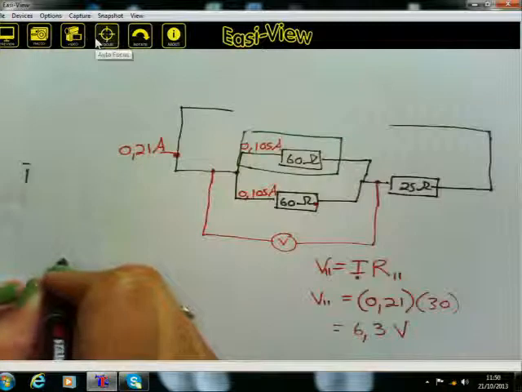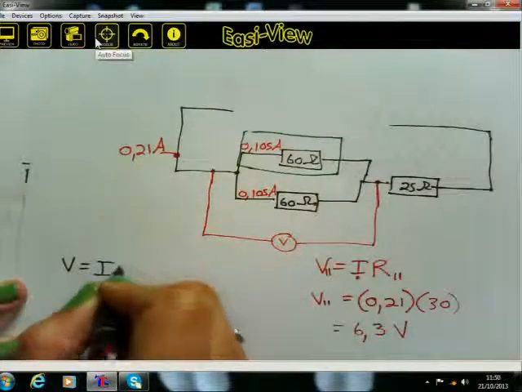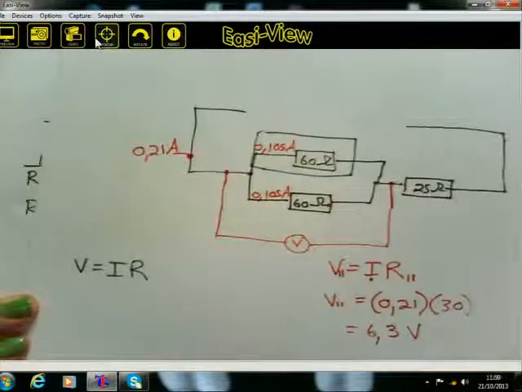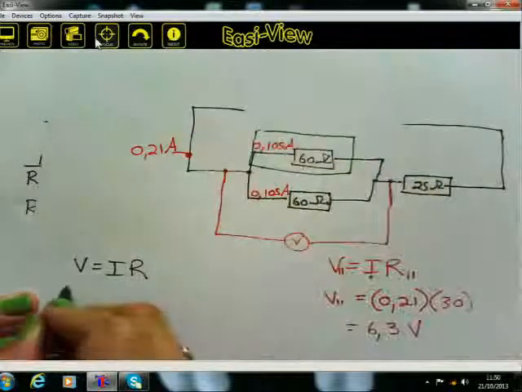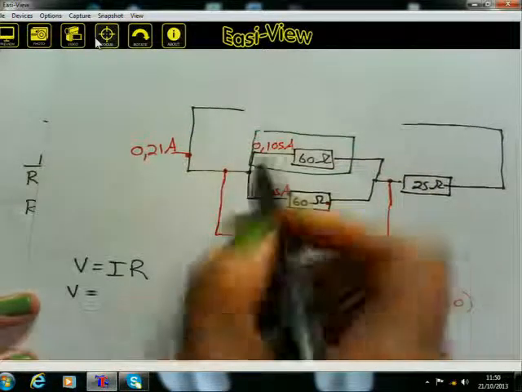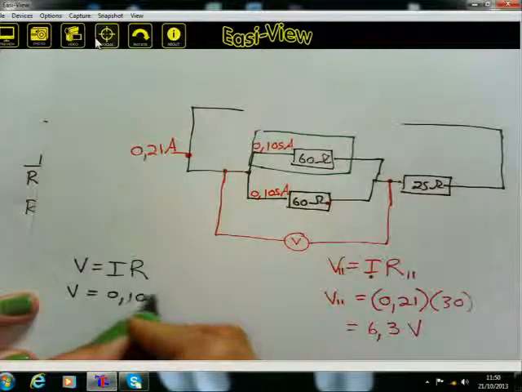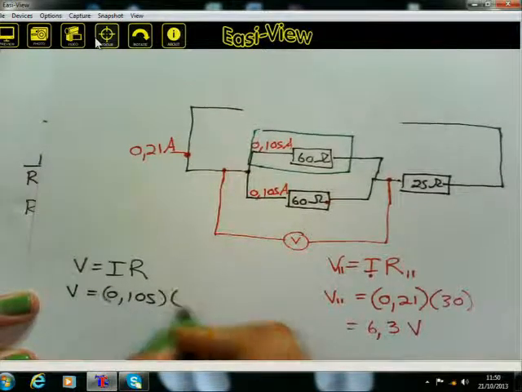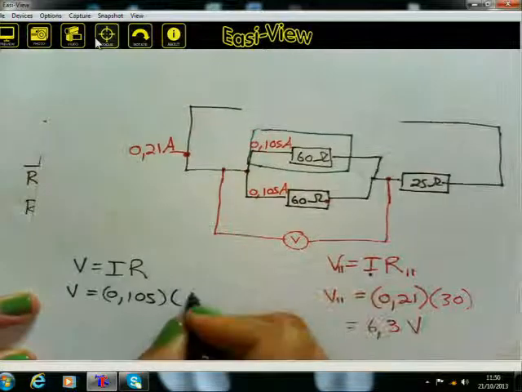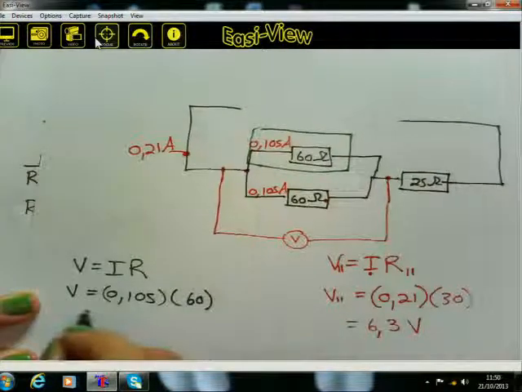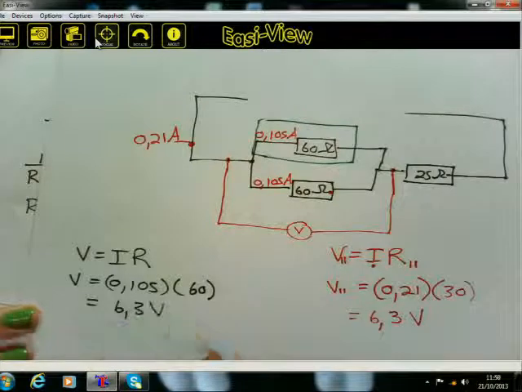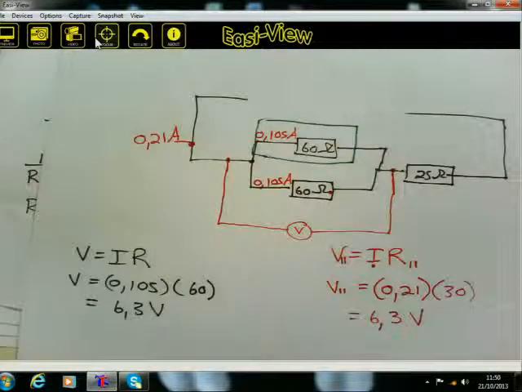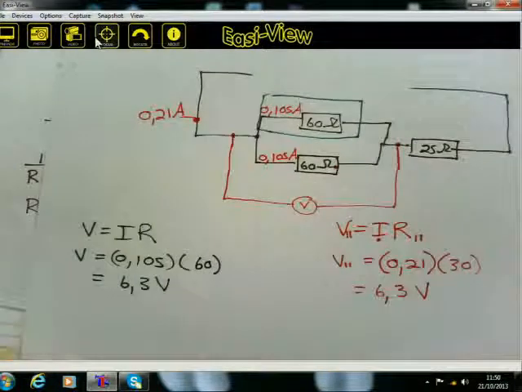EMF is 12 volts. 5.2 was external resistance. 0.8 was internal resistance. And we solved it to get 2 amps. Now number 9.3 is asking for the reading on only this voltmeter.